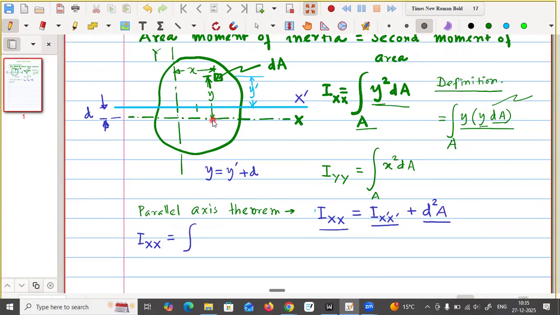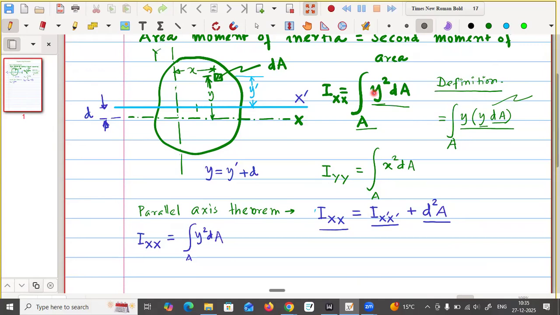Therefore, if I change the axis, then accordingly y will change. Okay, is it clear? Therefore, that particular definition we have to follow. So it will be basically y square dA integrated over the area. Okay. That first thing you have to understand.